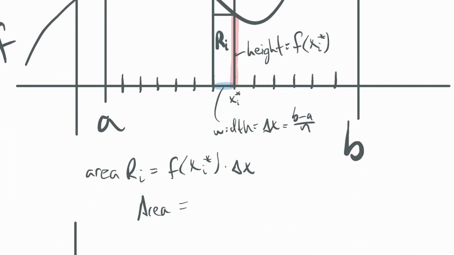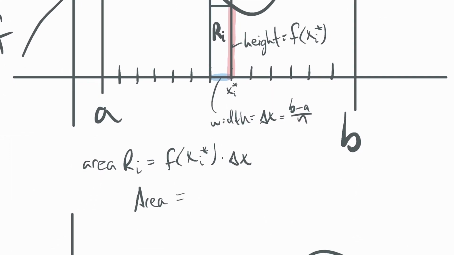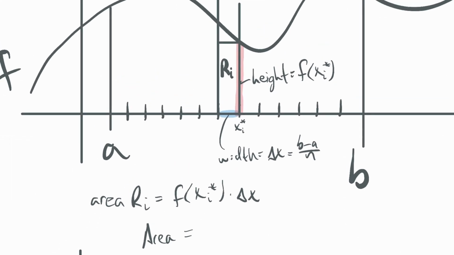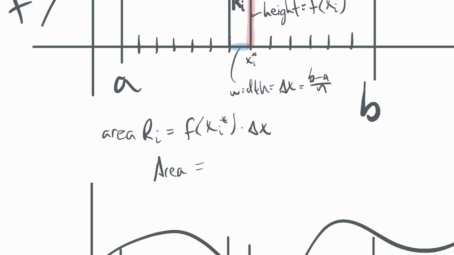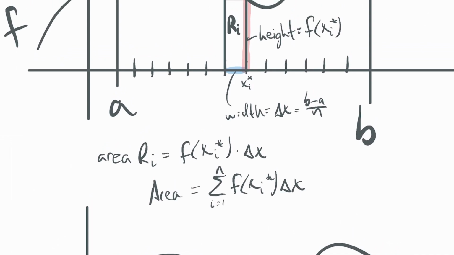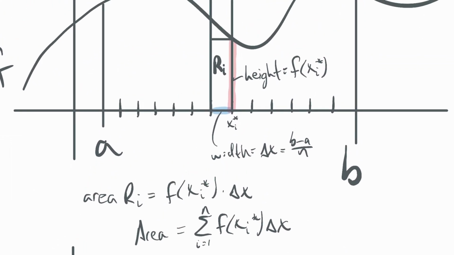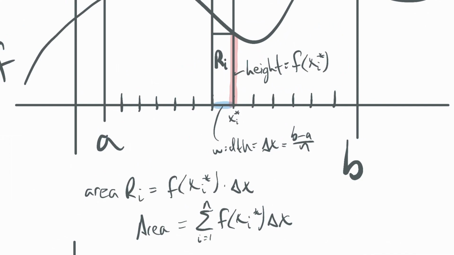And if you want the area of all the rectangles, so the area estimate, in other words, the lower Riemann sum, in this case lower because the rectangles are under, well, this is going to be the sum as i goes from 1 to n, the number of rectangles, of f of xi star delta x. And then you would just go work out whatever that sum is, how does the algebra work out? We did examples of that in the video on 1.3. So there's finding the area under a graph.